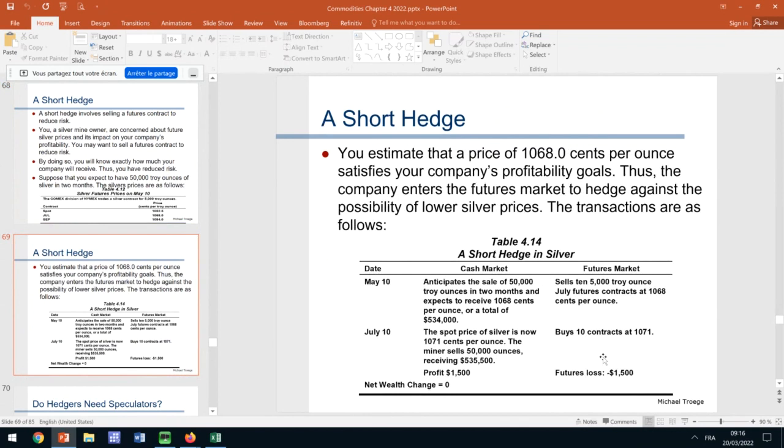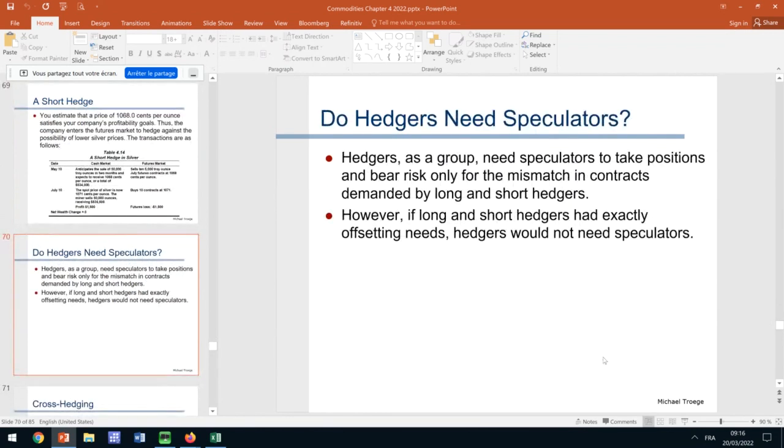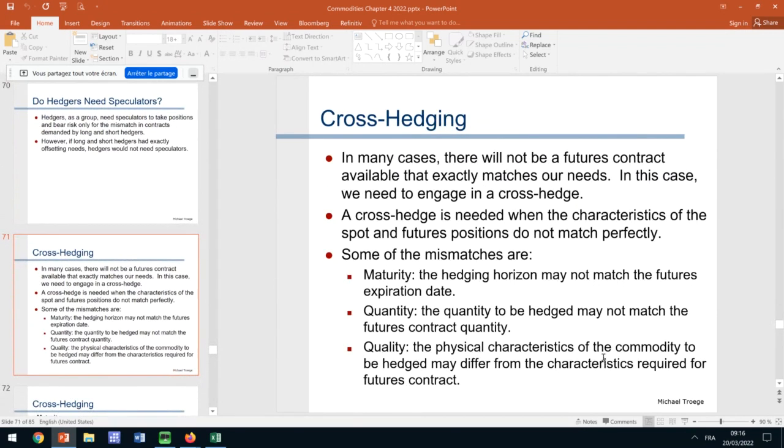And then again, it really doesn't depend on whether you deliver to the warehouse for a fixed price, which happens only very rarely, or if you just offset your contract and lock in a gain or a loss that will correspond exactly to the difference between the spot price and the price that you locked in a long time ago. Now that's pretty obvious.